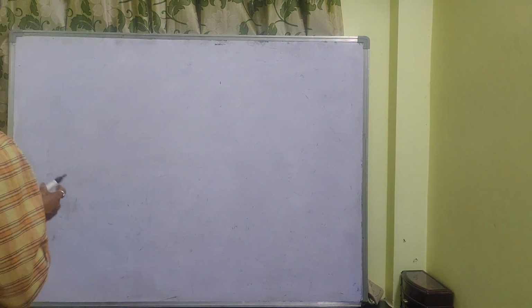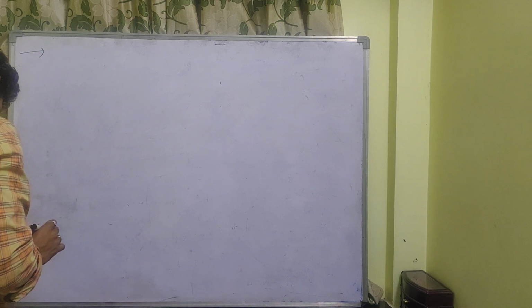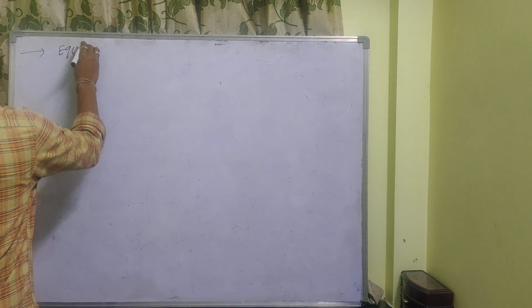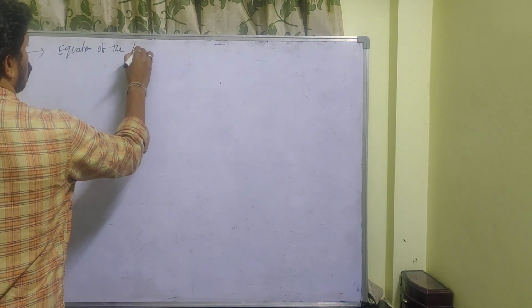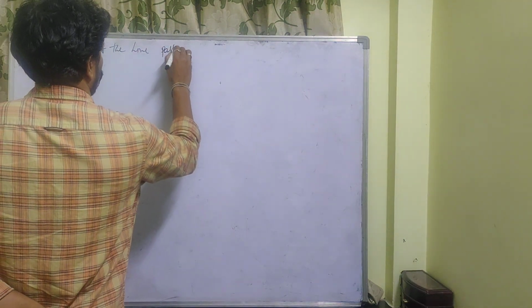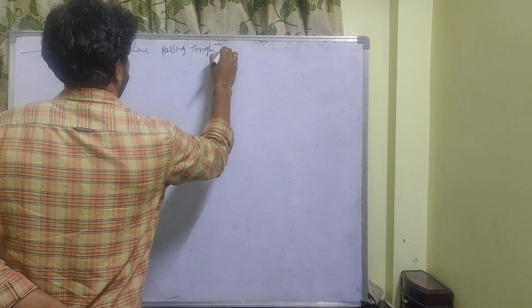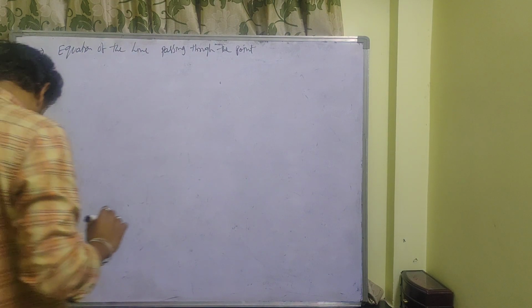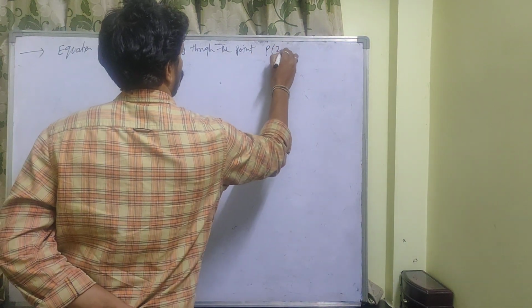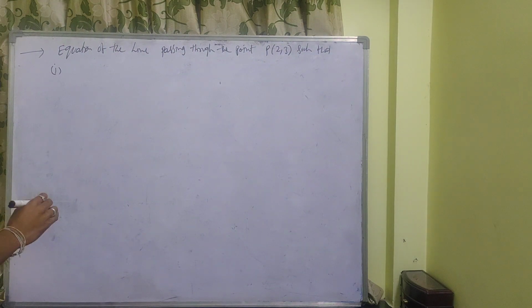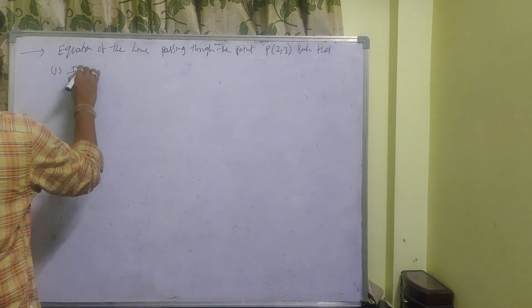Next, I will explain standard model questions. See here the question: find the equation of the line passing through the point P(2, 3) such that, first, the intercepts are equal.